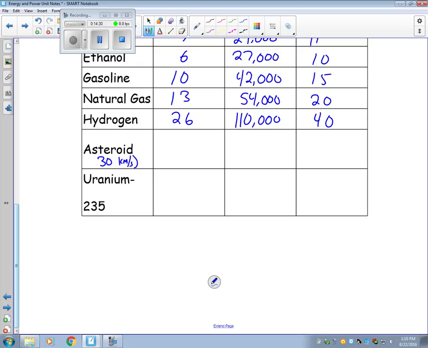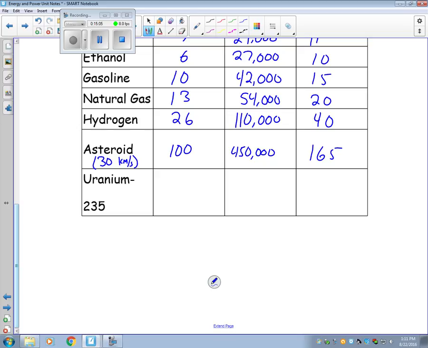We have to say that because an asteroid by itself has no energy. We'll discuss it later, but a moving asteroid has kinetic energy. So really what we're doing is we're comparing kinetic energy. So if I had an asteroid that had a mass of 1 gram, so that's a really small asteroid, moving at 30 kilometers per second, it would have the equivalent of 100 calories, so that's 450,000 joules, and it would have 165 times the energy as 1 gram of dynamite.